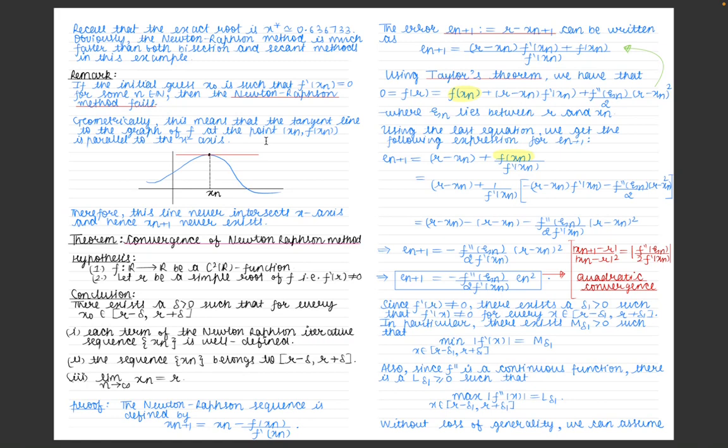In the Newton-Raphson method, let us first write the formula. The Newton-Raphson sequence is defined by xn plus 1 equal to xn minus f of xn by f prime xn.